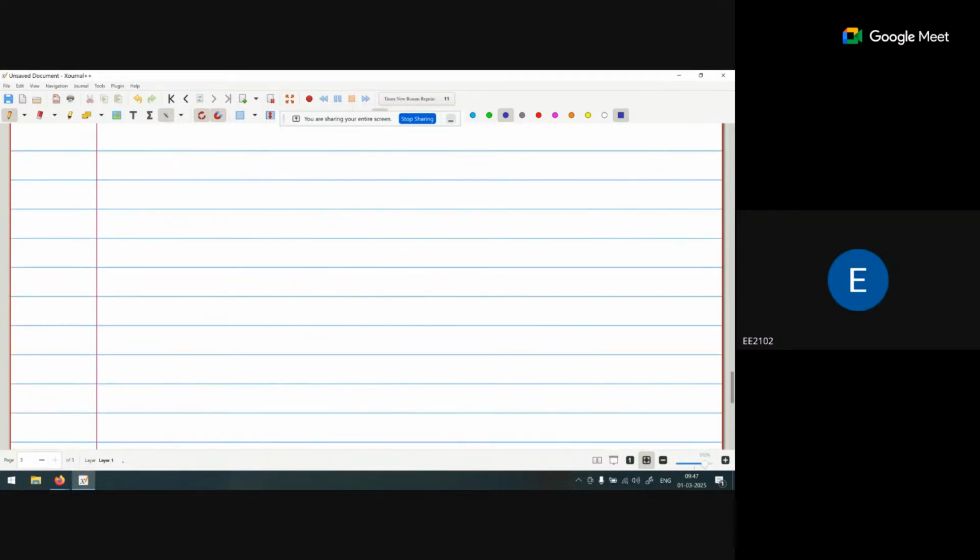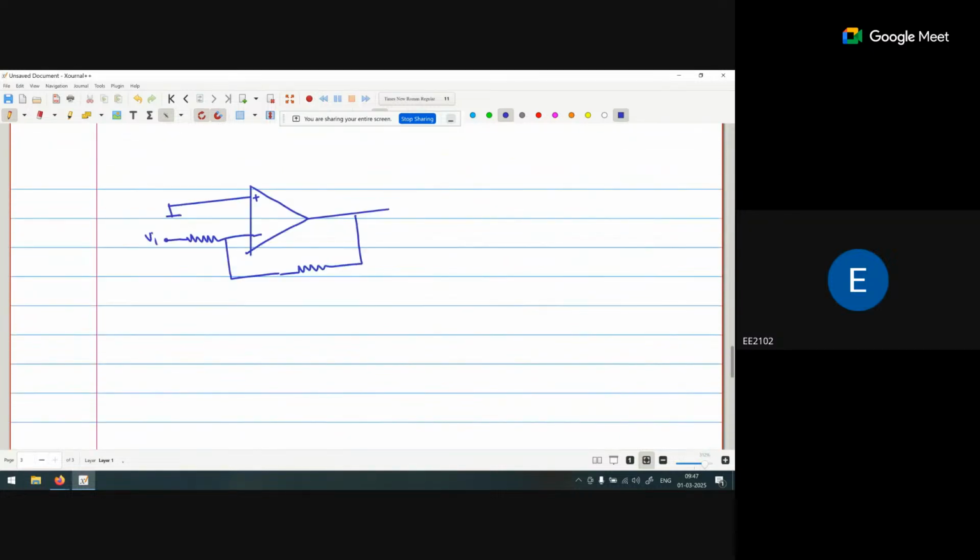Now in this case, we are using the inverting amplifier. Again it is R1, R2. This is the Vd, and V naught upon Vd is nothing but omega U by s. This is for the non-ideal case.